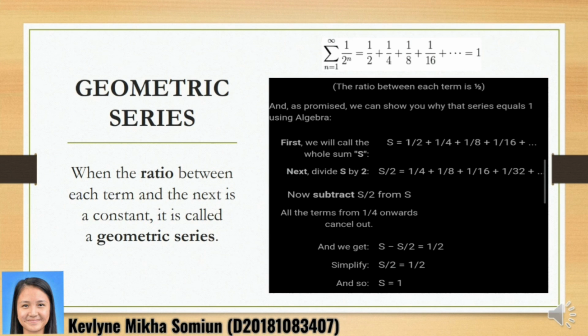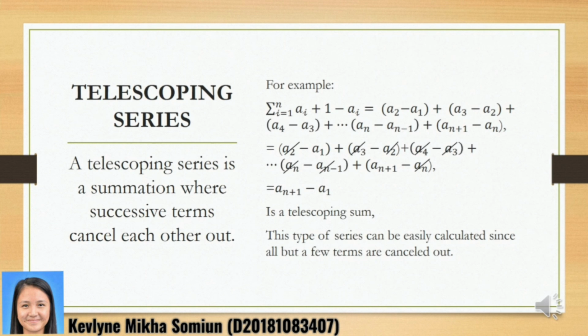Next is the geometric series. A geometric series is when the ratio between each term and the next is constant. We can see from the example on the right side of this slide that the ratio between each term and the next is constant. Next, the telescoping series.